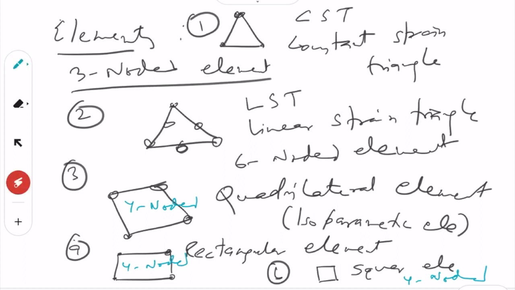It is possible that you have more than 4 nodes. You can take a node in the middle, or you can take 8 nodes like this, with one more point in between; that also you can take in all the cases. There are many possibilities, but we will look at some of them.